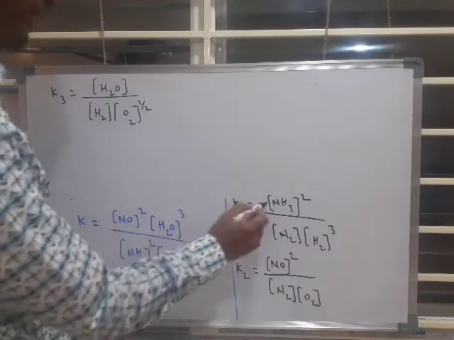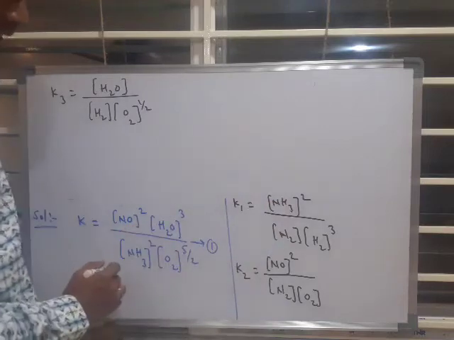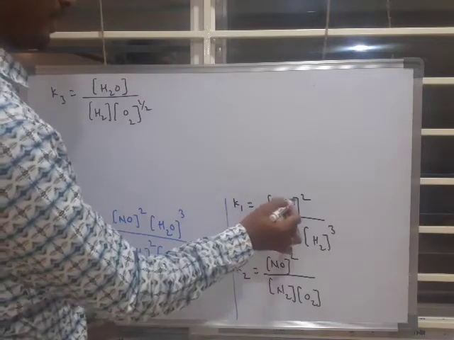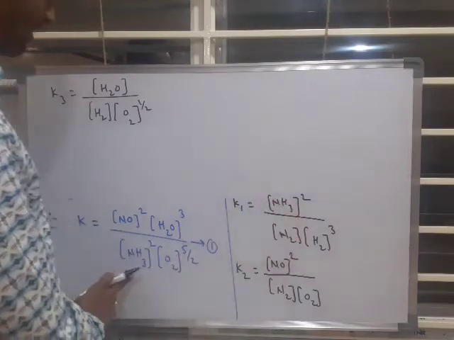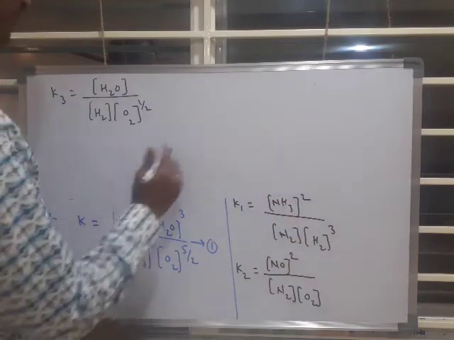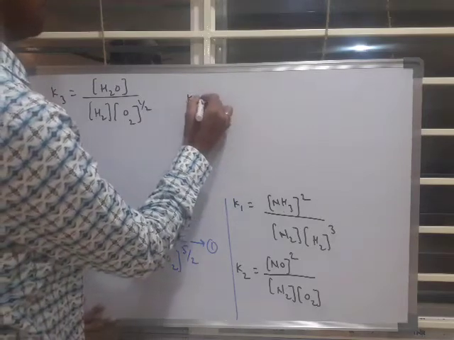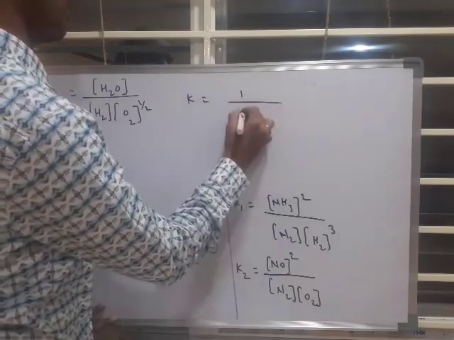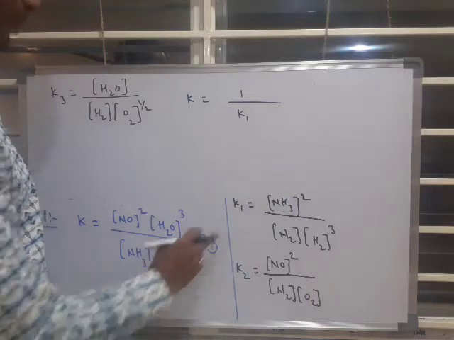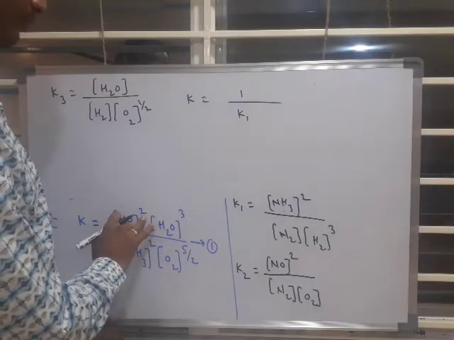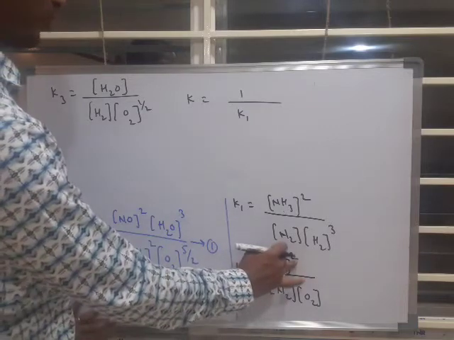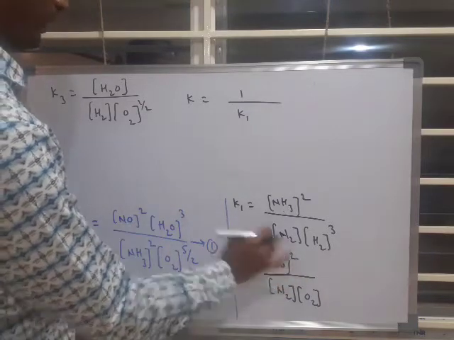See, there is NH3 squared in the equation. K1 has it in the numerator, but here NH3 is present in the denominator. So I think we must get 1 by K1. Next, NO squared is there, and here also NO squared.